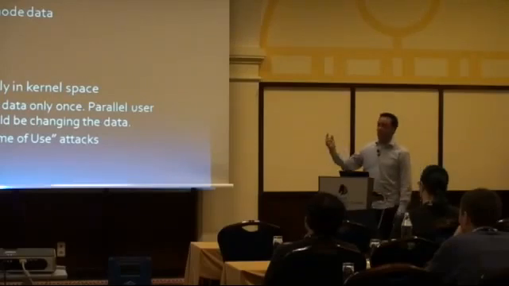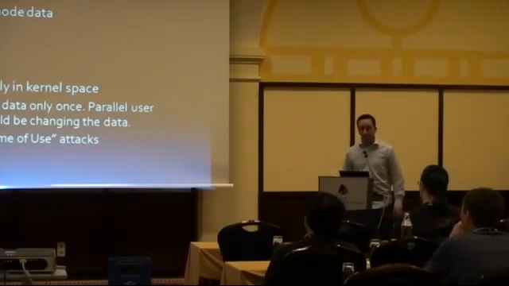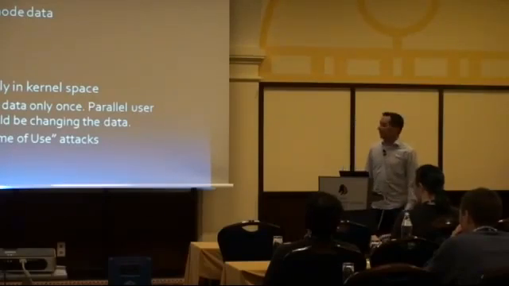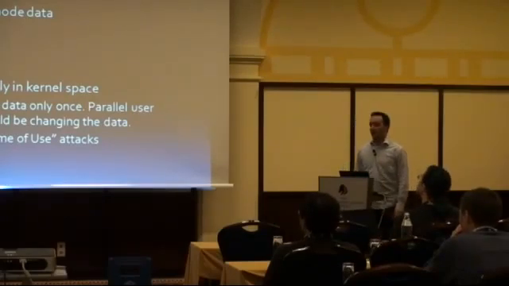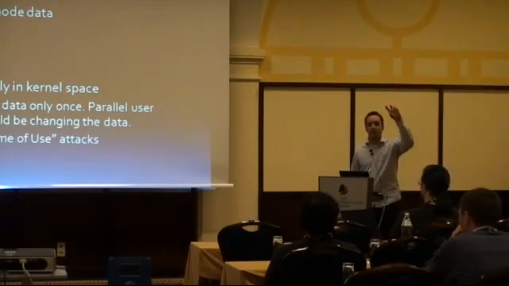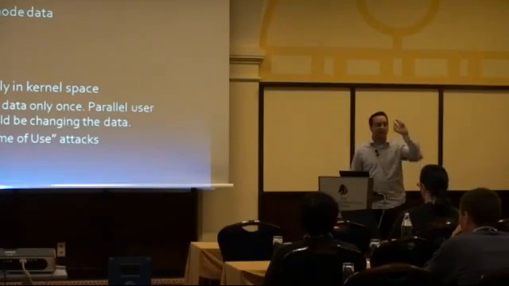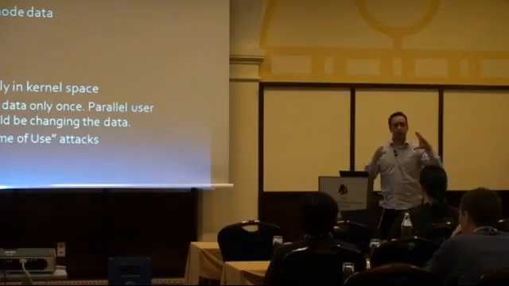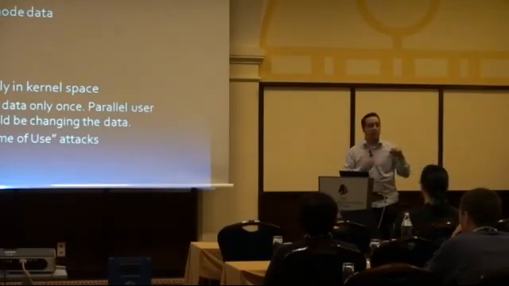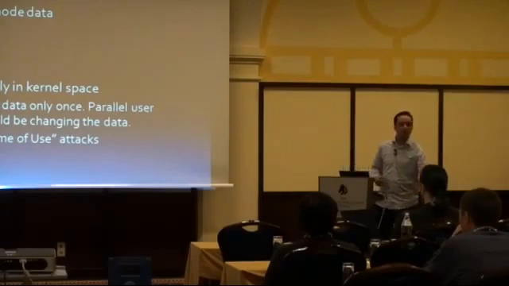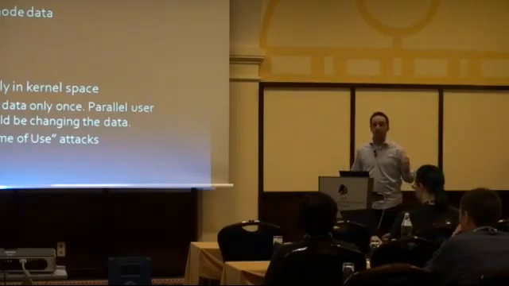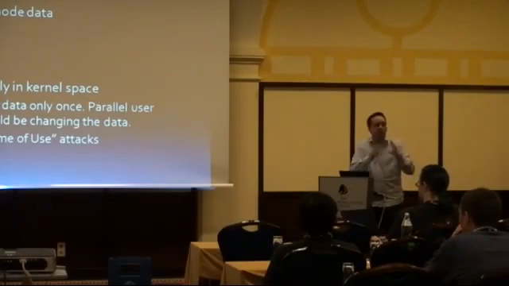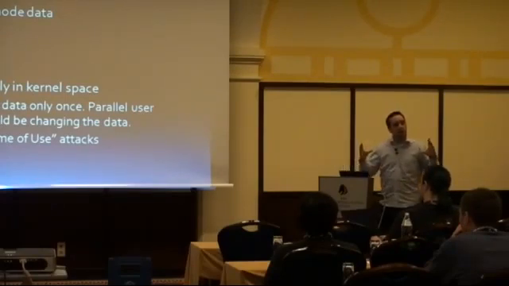The second thing that you should do is capture the data locally. What do I mean by capturing data locally? For example, let's say that in kernel mode there is an allocation and a later copy. For getting the size of the allocation, you go to user mode and grab a value once. Let's say 5. OK, you allocate 5 bytes.